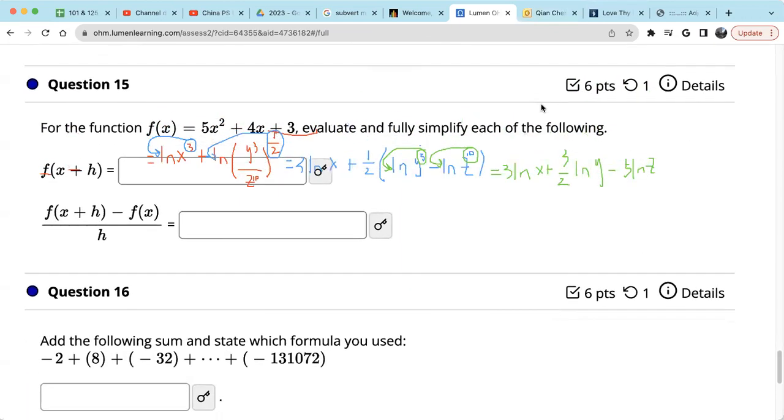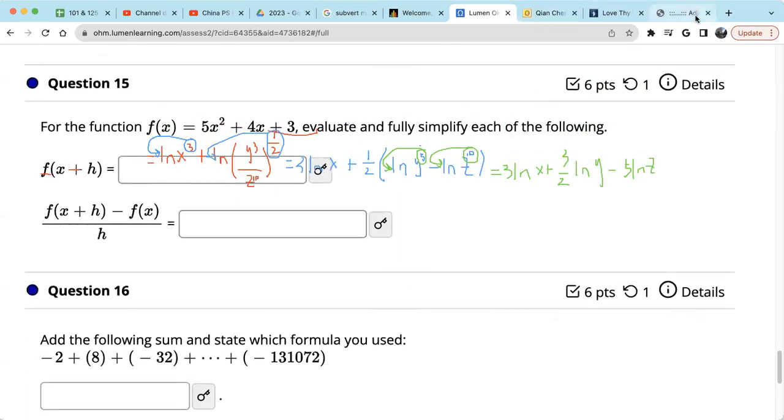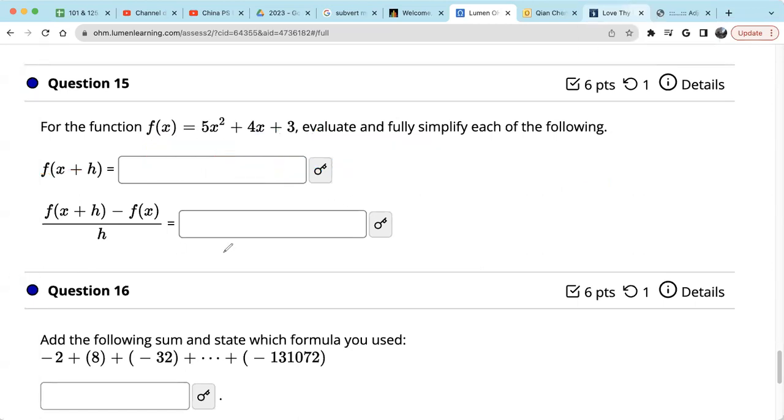Okay, let's see 15. We're almost done. We have 3 more questions. So let's erase all this. So a given function, quadratic function, we want to evaluate and fully simplify each of the following. F of x plus h, that means the input x now becomes x plus h.